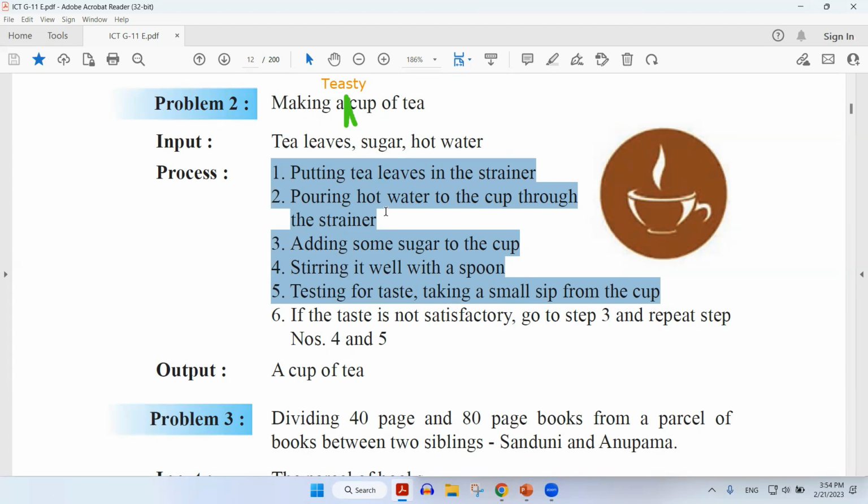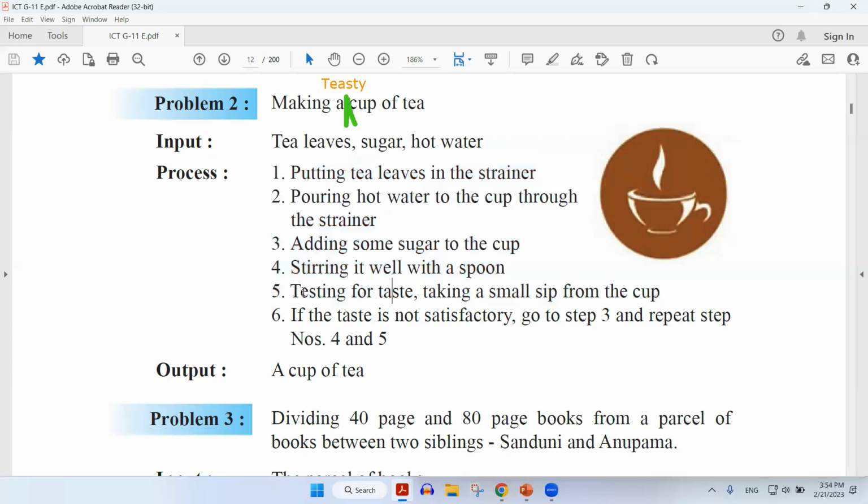That's the way she's used to doing it. Even this procedure is going to give you a cup of tea. No difference, right?